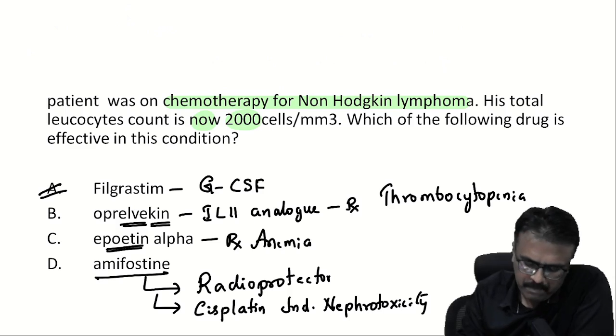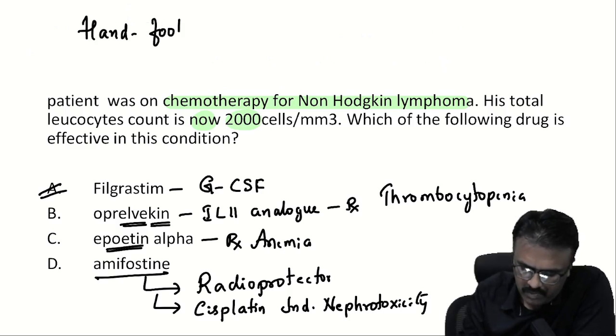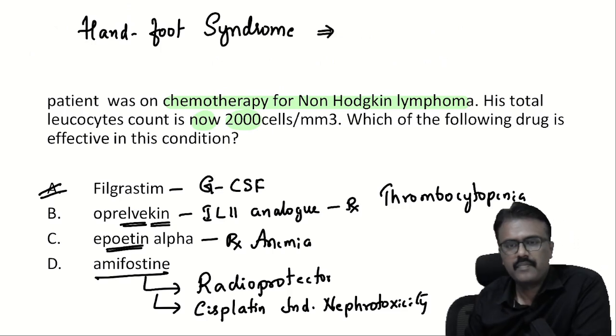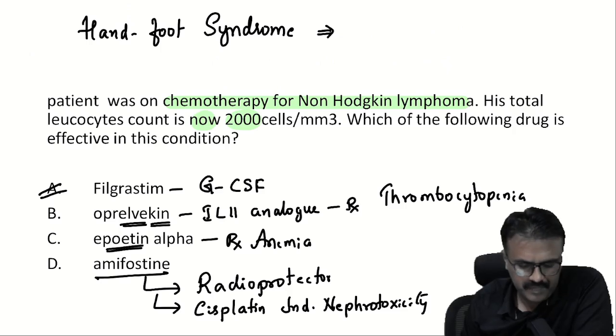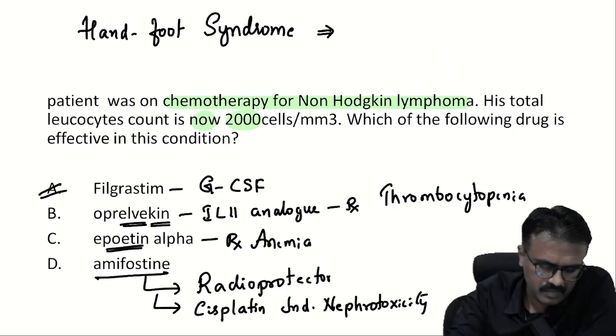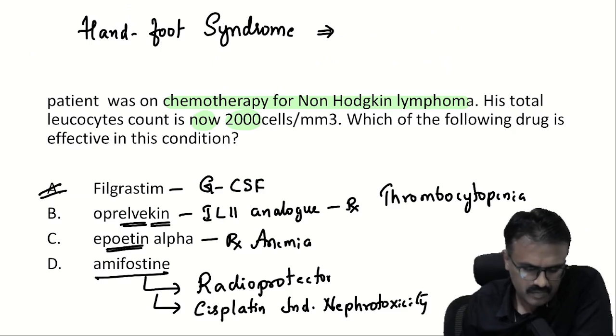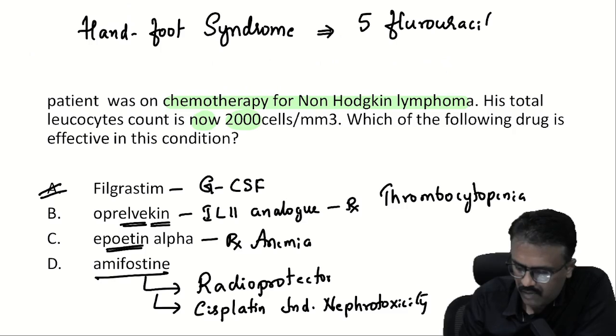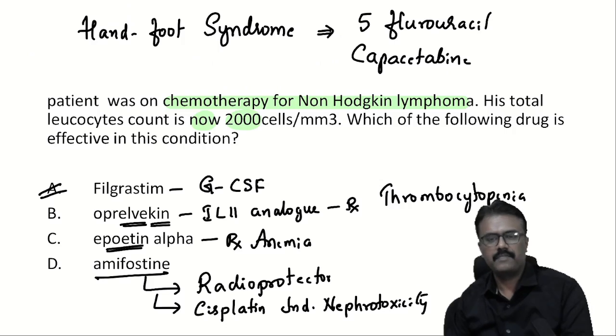Now tell me, which anti-cancer drug can cause hand-foot syndrome? Tell me. It is 5-fluorouracil. And one more drug is called capecitabine. So these are commonly tested in the exams.